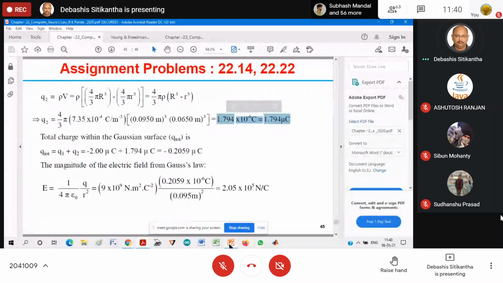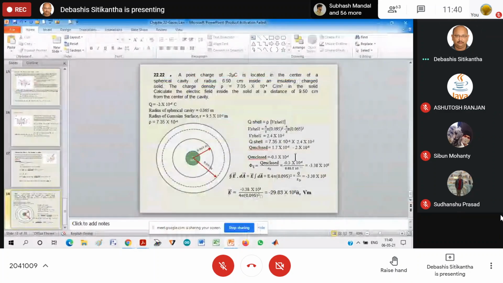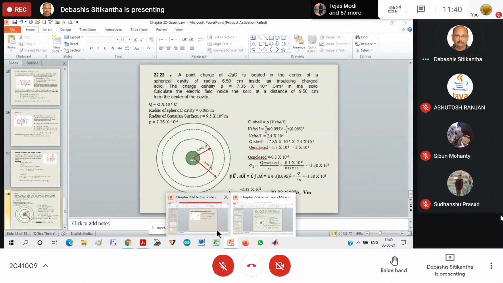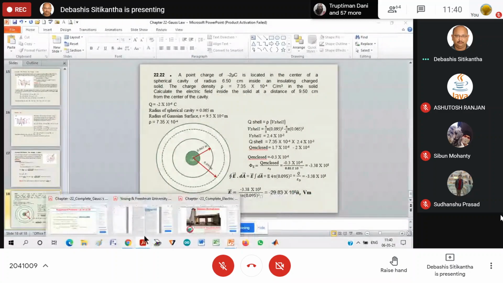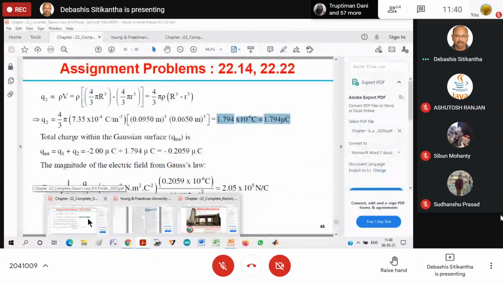Let us see. It is 1.79 into 10 to the power minus 6.